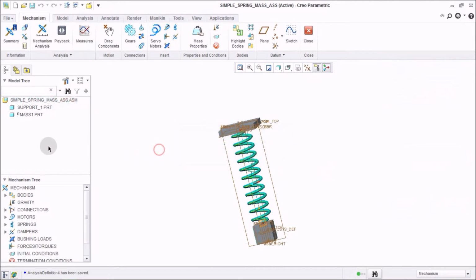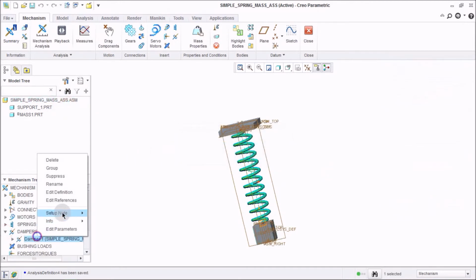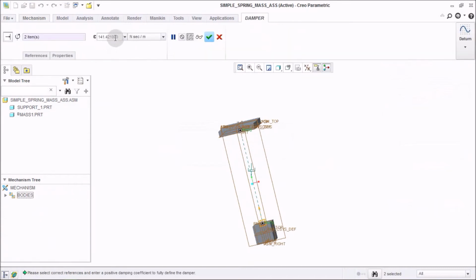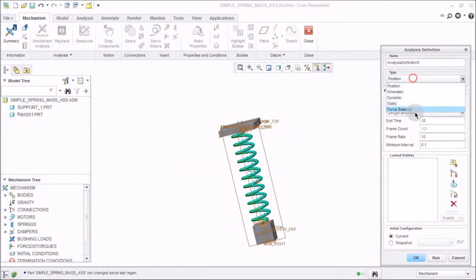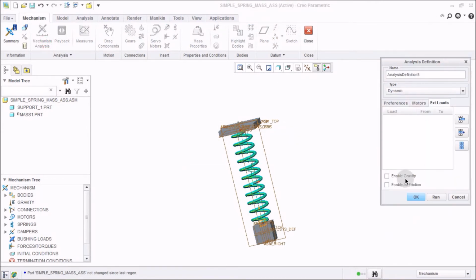Now we will apply a damping value which is above my critical value. Let's say applying a value of this coefficient around 200 and then running the analysis of my system. Select this dynamic analysis, enable gravity, then run the system.